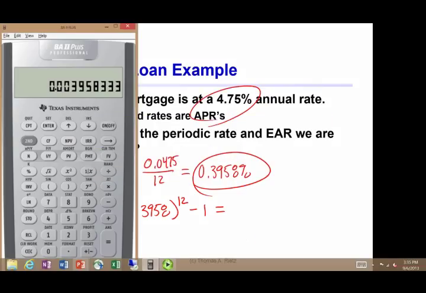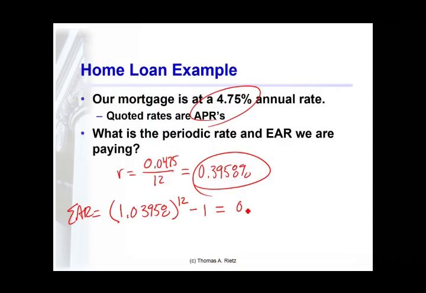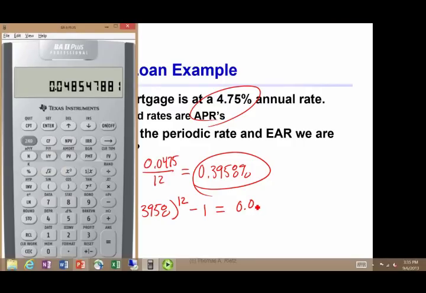So let's see, 1 plus this, compounded for a year. It's always going to be compounding for a year. It's 4.855.